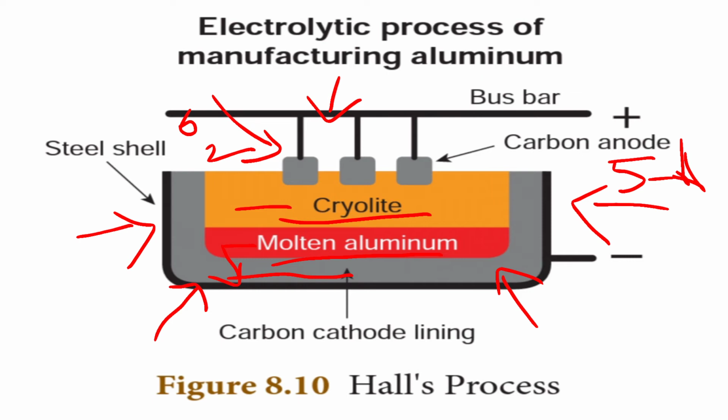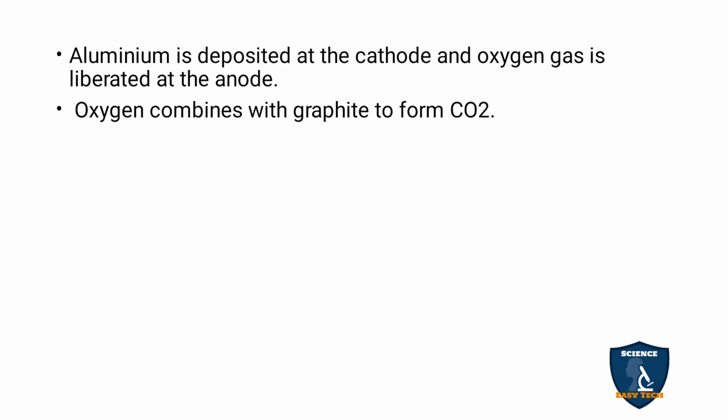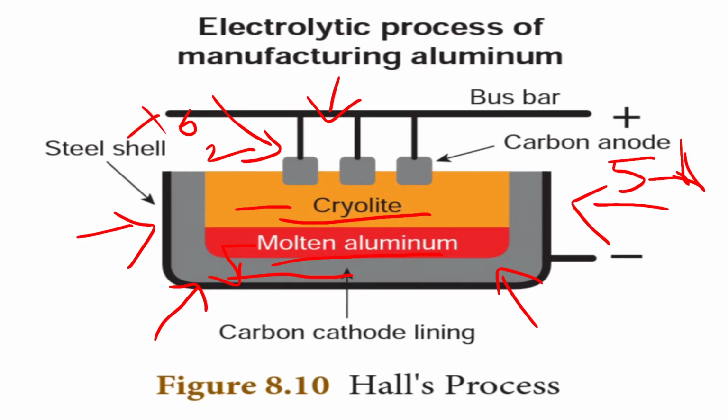The aluminium settles at the cathode and the oxygen at the anode. You can see the aluminium is deposited at the cathode and oxygen gas is liberated at the anode.